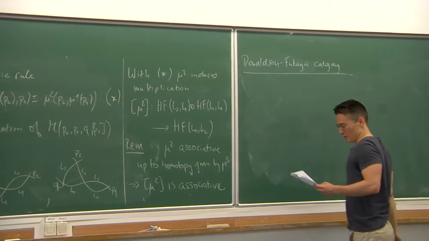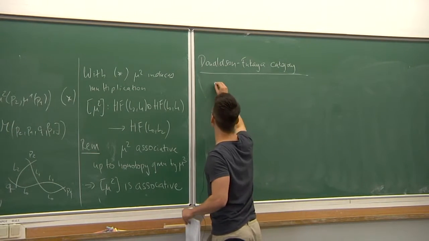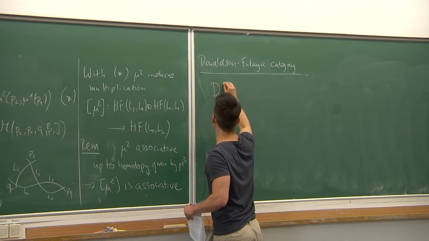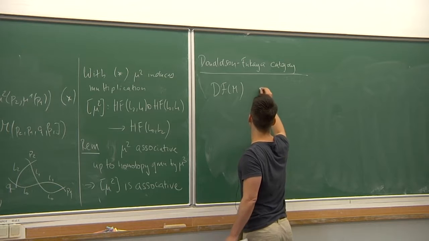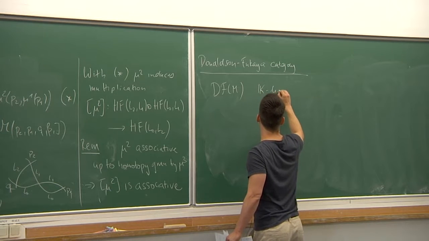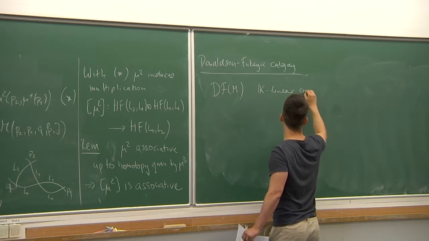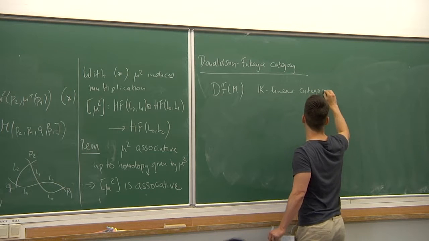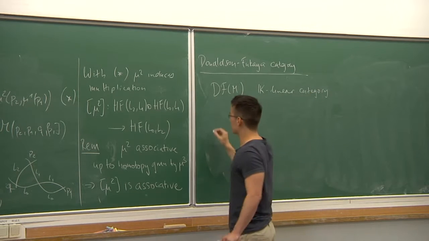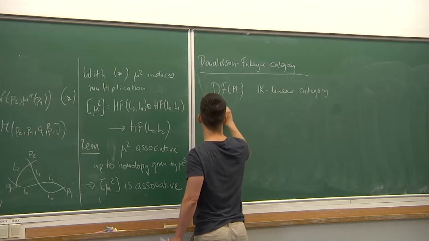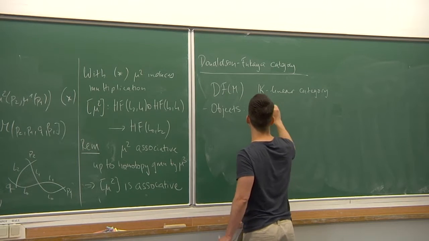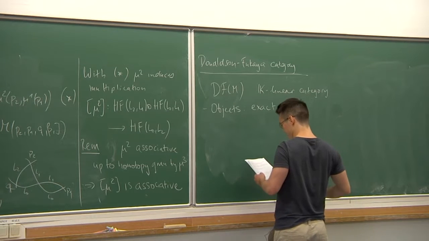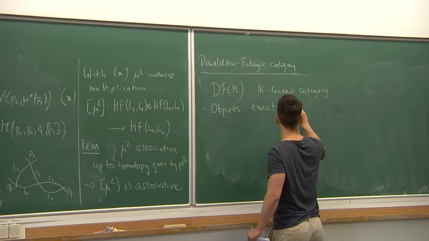Here we say the Donaldson Fukaya category is a k-linear category. The objects in this case are exact compact Lagrangians.